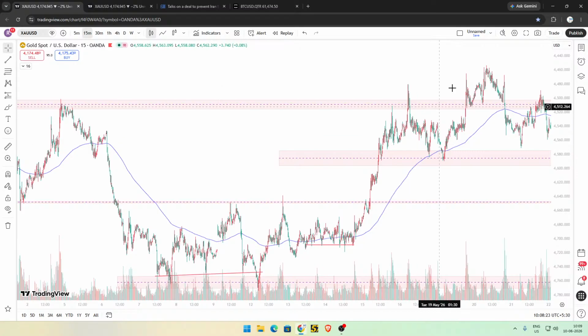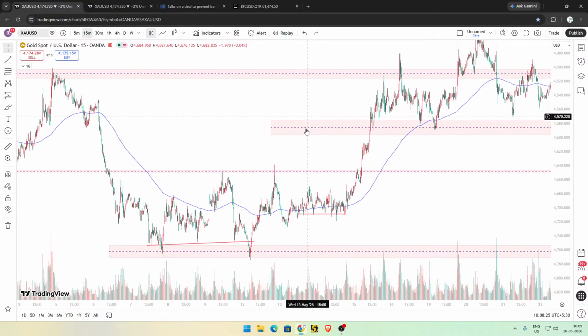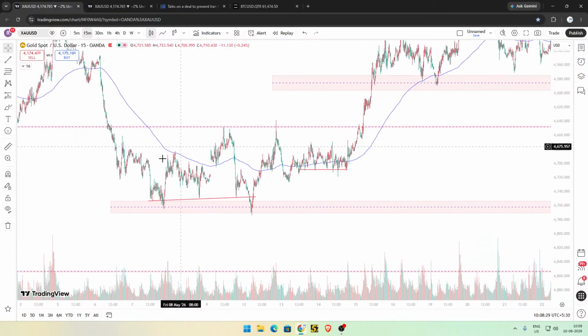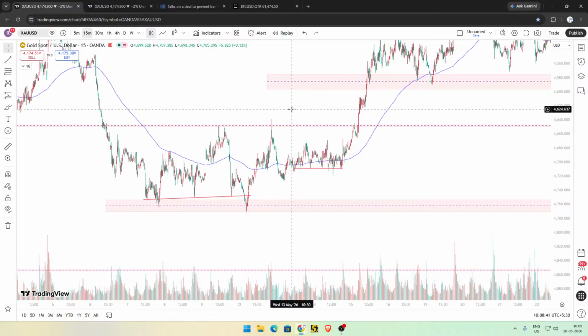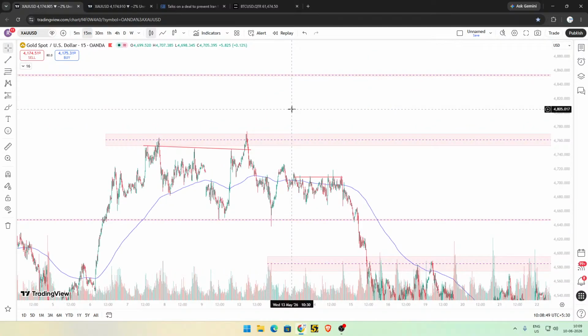When gold was trending up, it was trapping the sellers, then moving up like this, a kind of strong support. Then it fell, grabbed the liquidity, then it started to go up when gold was in a very strong uptrend. But now gold is in a strong downtrend.